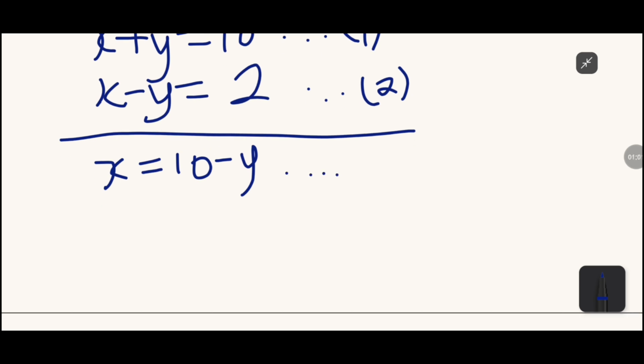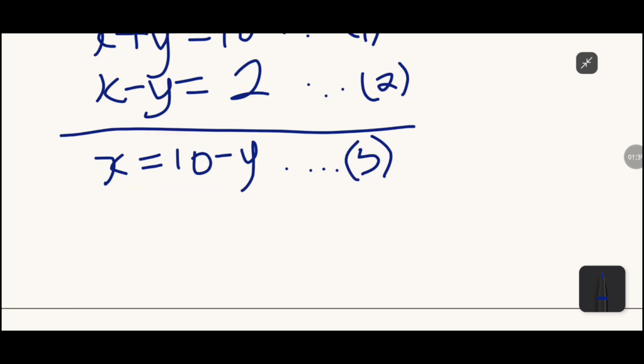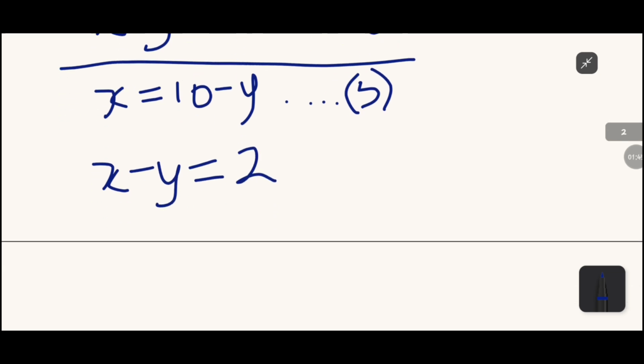Now we can call this equation 3, which is derived from equation 1. The next thing we are going to do is put equation 3 into equation 2. Note that we are not putting equation 3 into equation 1 because we derived equation 3 from equation 1. So we have x minus y equal to 2 as equation 2.